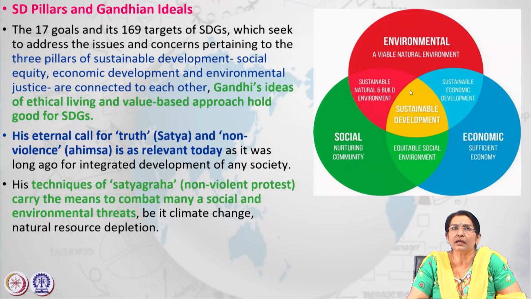So, this Gandhian philosophy can be perfectly blended in the sustainable development framework, in this triple bottom line pyramid. It will help especially a country like India and Indians; we can get the maximum benefit of this Gandhian model for sustainable development.